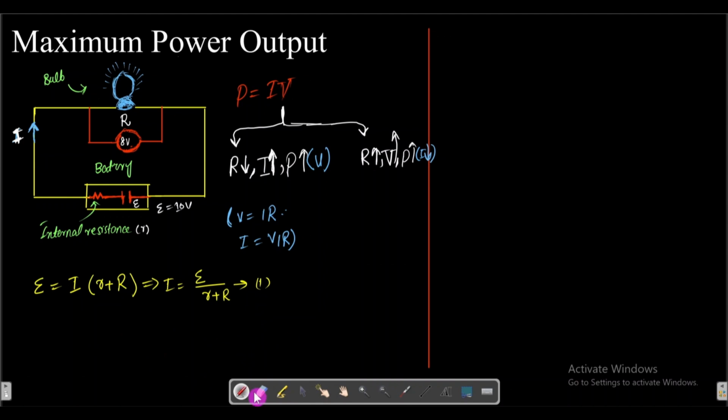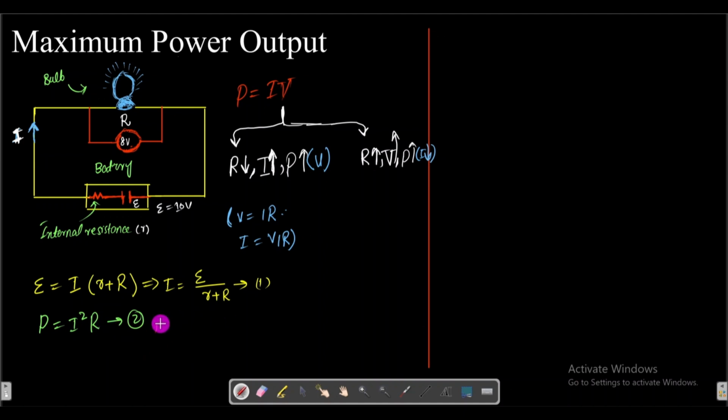We also know from the previous video that the equation of power is P is equal to I square R. Let's say this is equation 2. So in this case, put equation 1 in equation 2.